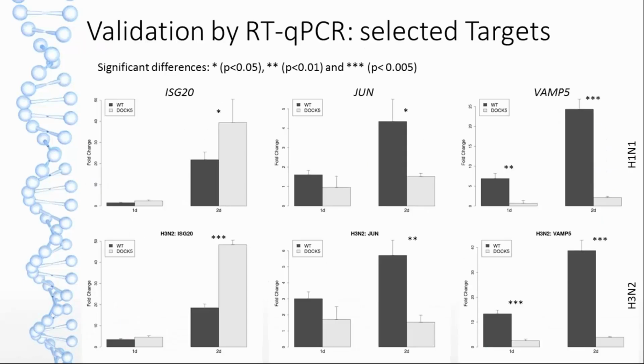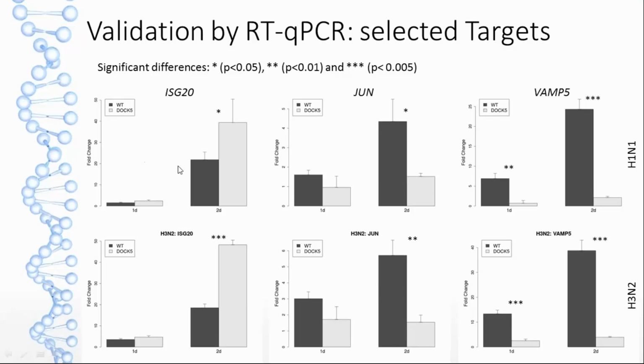What we actually tested are these three key targets, ISG20, JUN, and VAMP5, and we did it by reverse transcription real-time qPCR. So similar to the information from the RNA-seq data, we did similar measurements and tested them by qPCR, checking in H1N1 as well as H3N2 infected cells, and comparing the response of these particular genes in the wild type and in the DOC5 knockout.